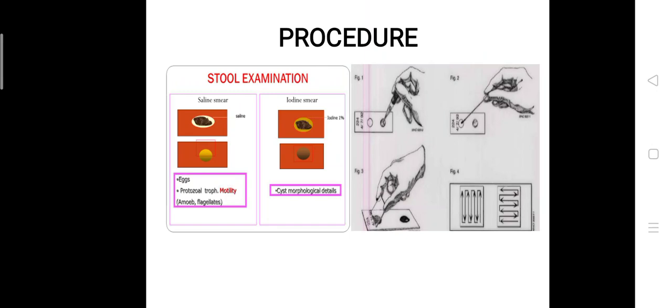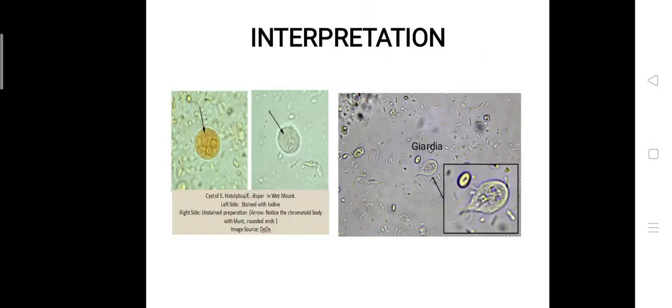Now for the result or the interpretation, a result from the direct smear examination should often be considered as presumptive. However, some organisms could be definitely identified, for example Giardia lamblia and Entamoeba histolytica. I have given the image here.